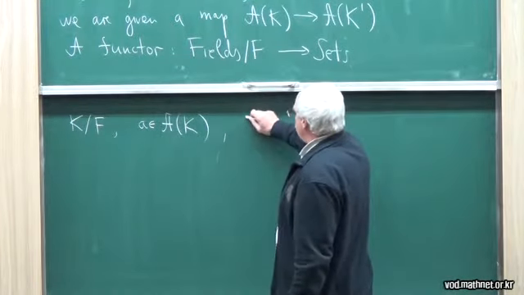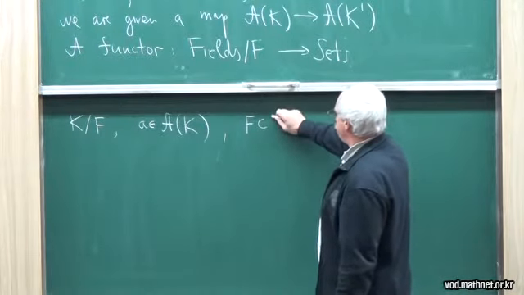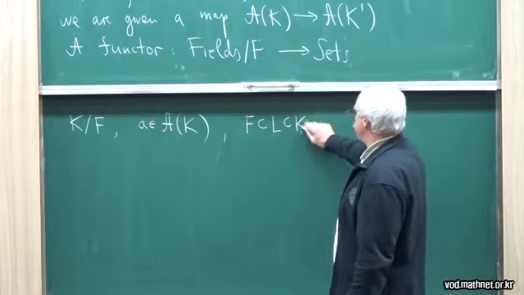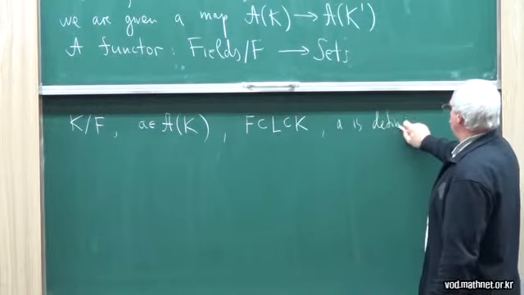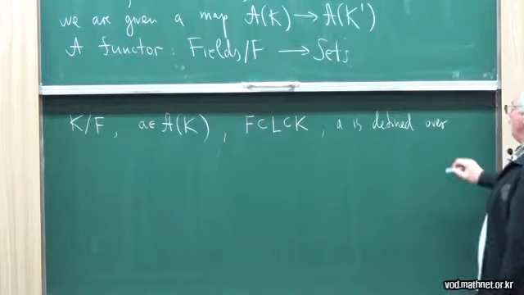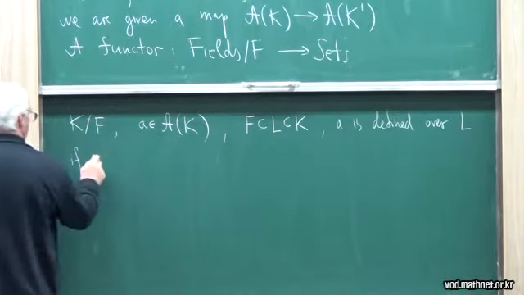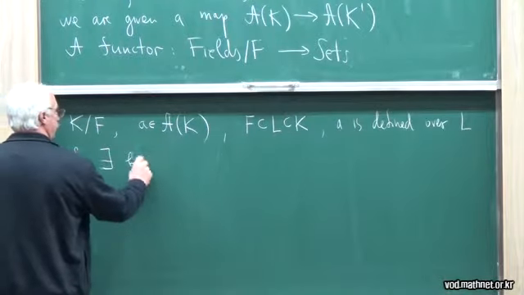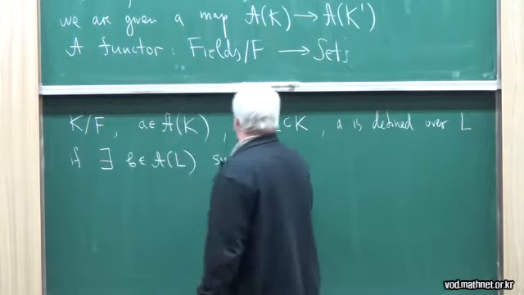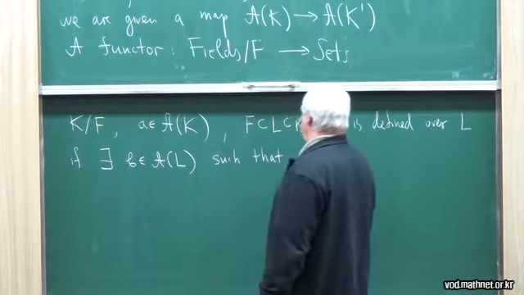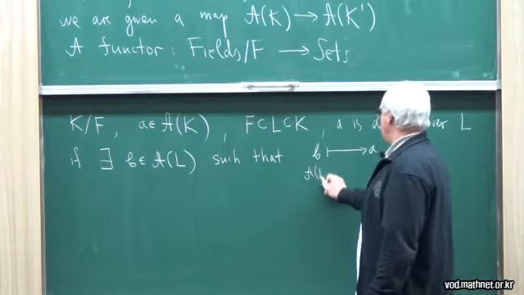So we take a subfield between F and K, say L. And we say that A is defined over L if there exists a B in A over the smaller field L such that B goes to A when you apply the map from A of L to A of K.